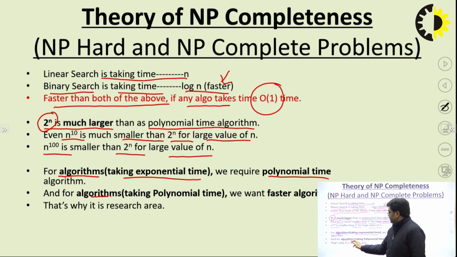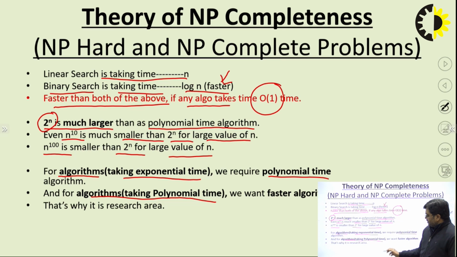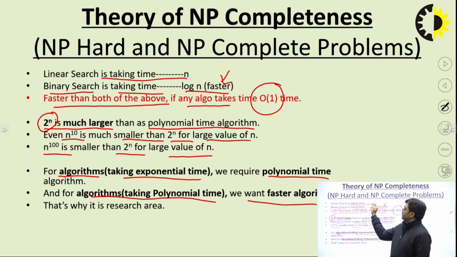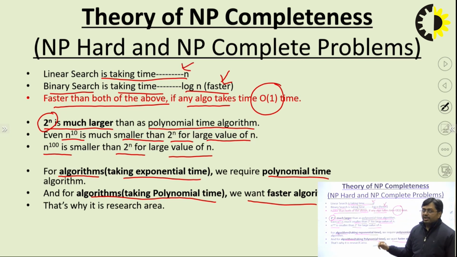And for the algorithms taking polynomial time, we want faster algorithms. For example, if linear search is taking time n and binary search is taking time log n, we want faster than both of them, which means we want an algorithm which takes only time order of 1.